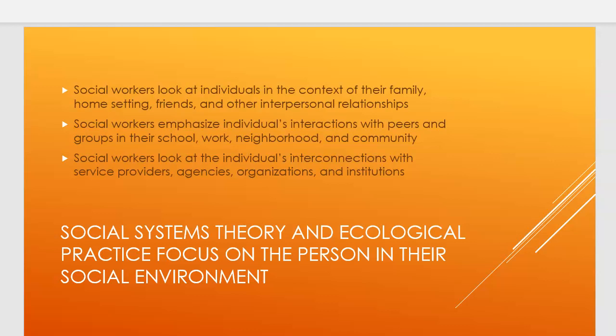And the third bullet is that social workers look at the individual's interconnections and interactions with service providers, with agencies, with organizations and institutions where they're participating in faith services, in hobbies, in recreation, in work, as well as in receiving services.